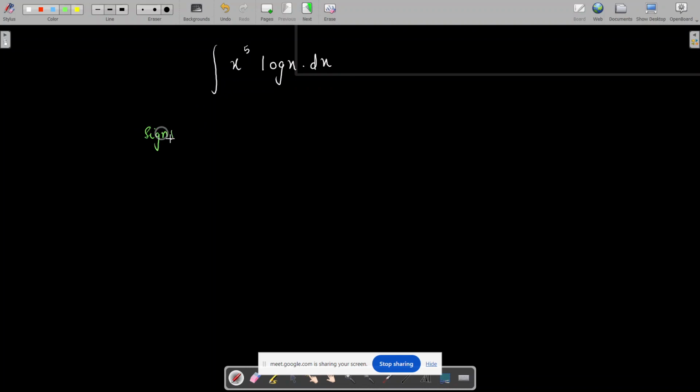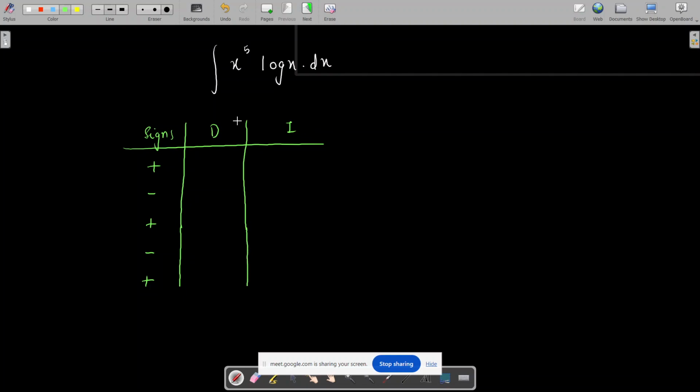So let's write the signs, let's write the derivative and the integral columns: plus, minus, plus, minus, plus. So which function should we take inside the derivative column? The x to the 5th?